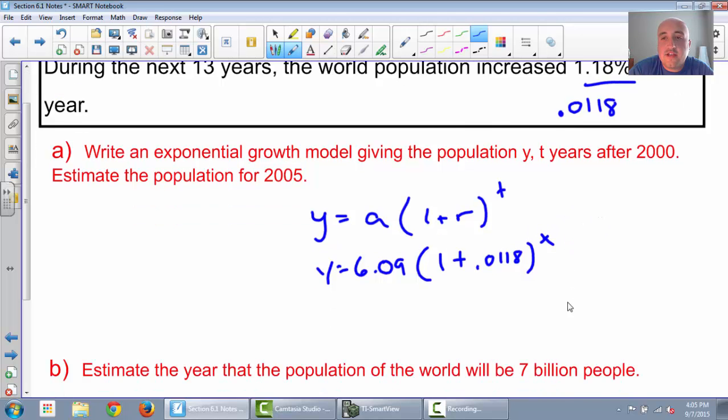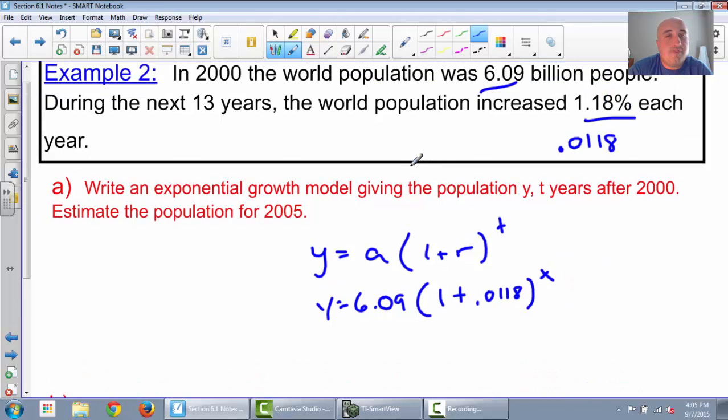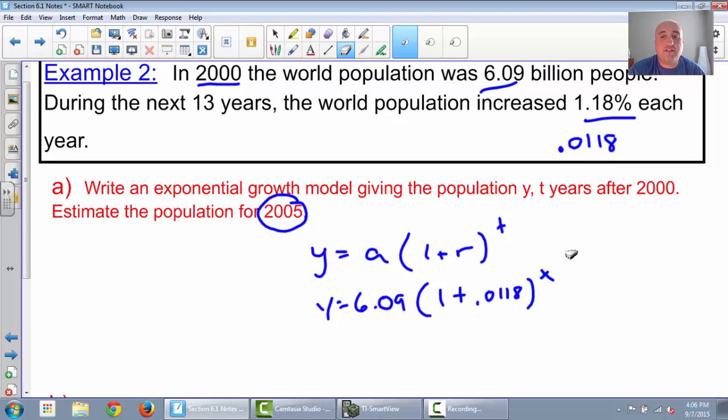We don't know what that is yet. But for this problem, it wants us to know how much it is in 2005. Well, our original year was 2000, so 2005 would be 5 years later. So if I replace this x with a 5, we should be able to come up with an answer.